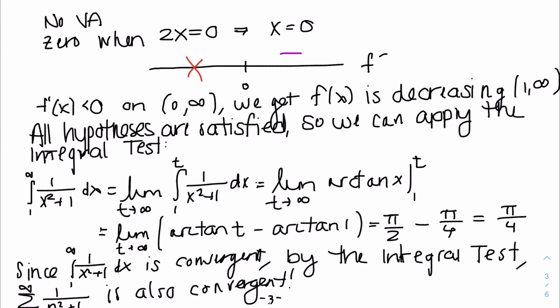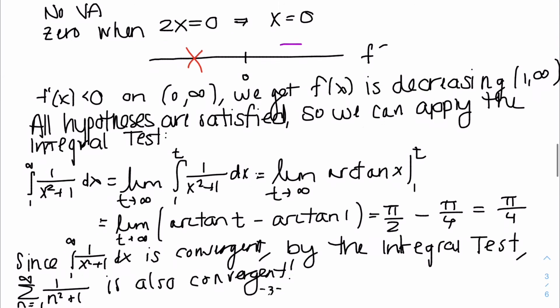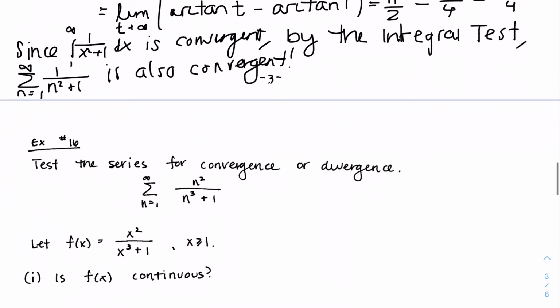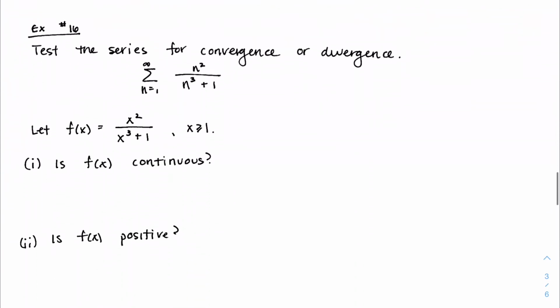It's nice, but again, because of the amount of work you have to do, this will be your last resort when you're looking at a series. Try something else first, but first and foremost, you go through that test for divergence and quick look at the terms. If that doesn't work, if it does go to 0, you move on to your next tool. And this will be the one you want to put at the very bottom of your tool belt.